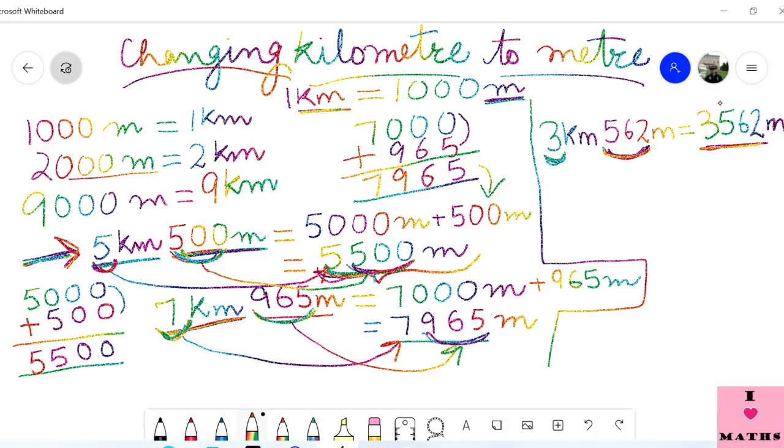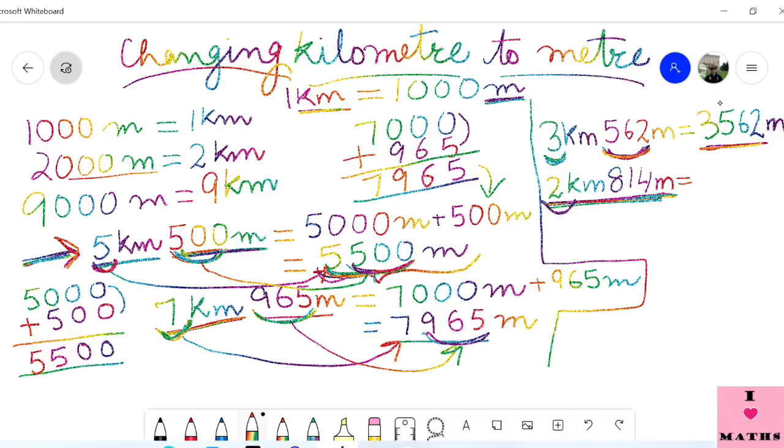Now 2 kilometer 814 meter. I want to change this distance. Beta, these are not two distances. It is a single distance. It may be the distance of my house from the market. This is a single distance.